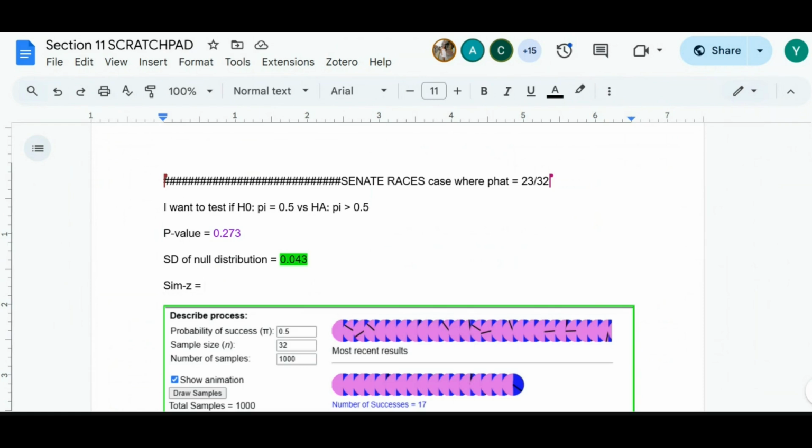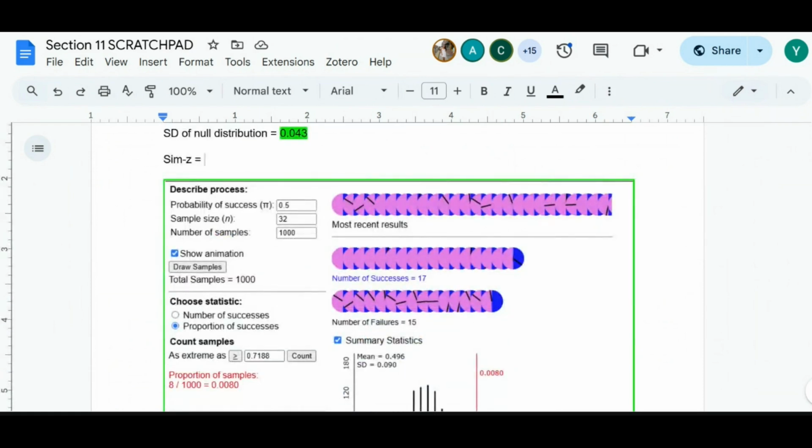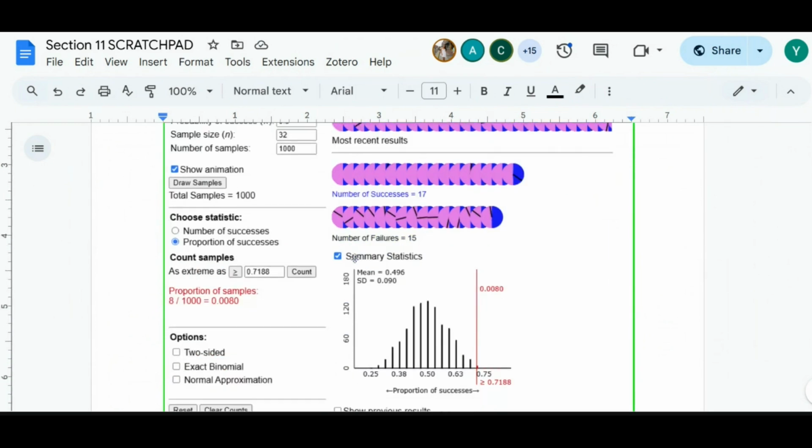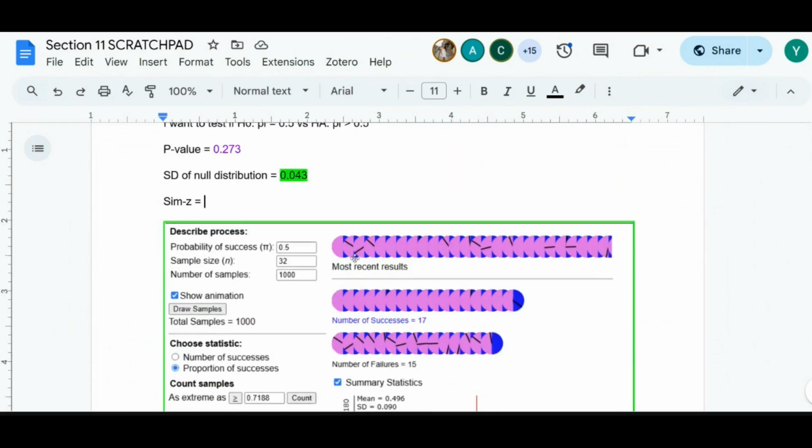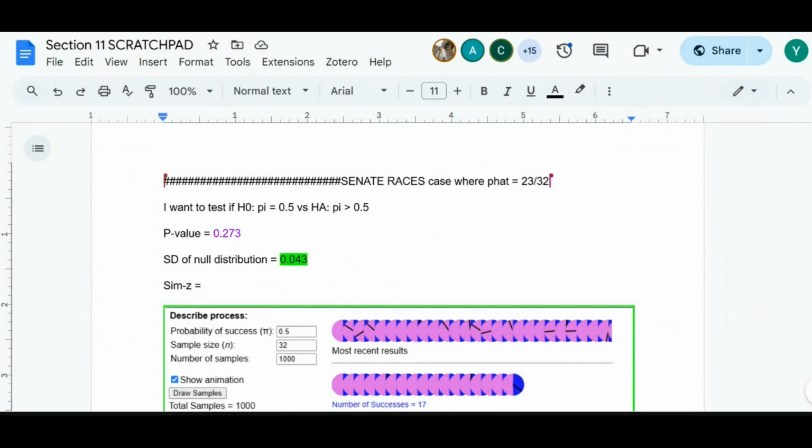Thank you. Let's have a look. Is this correct? Yes. So you see, pi is 0.5. Why 32? There are 32 Senate races. And then, why is the observed statistic 0.7188? That turns out to be 23 out of 32. So if you want to make it clearer to the class, I will put the decimal here.